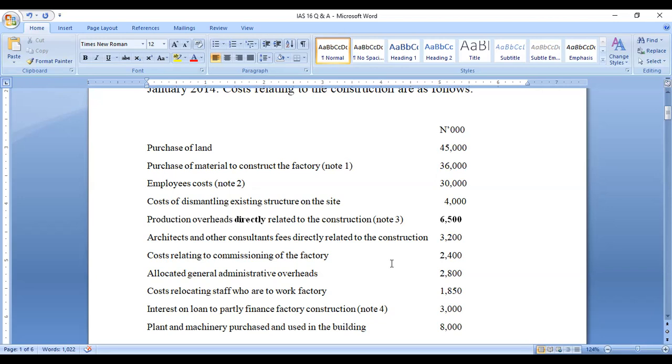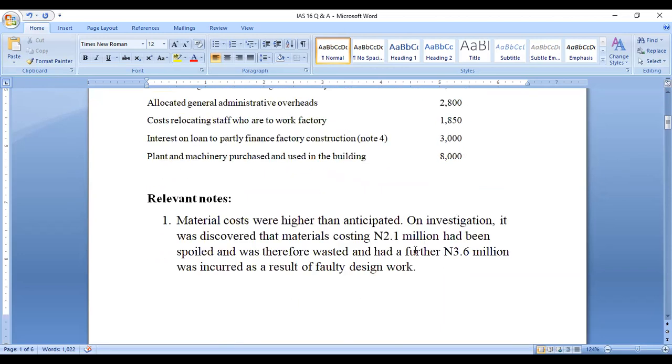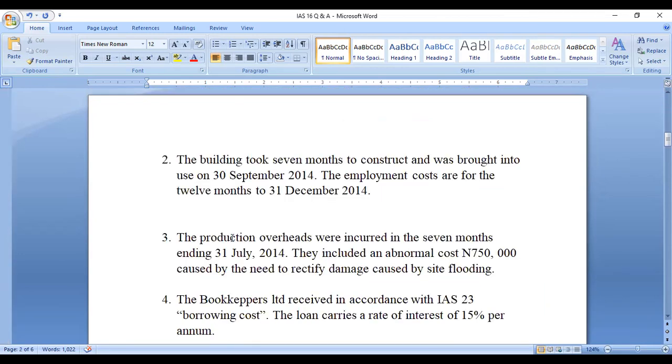Then in note 3, we're told that the production costs were incurred in the 7 months ending 31st July 2014. Of course, it is still within the year.